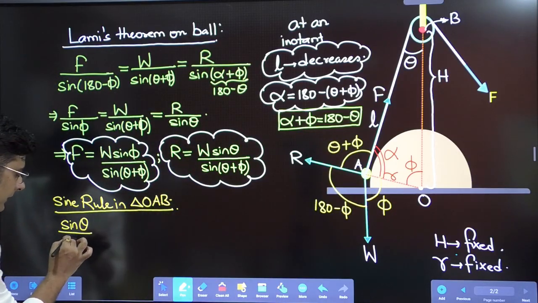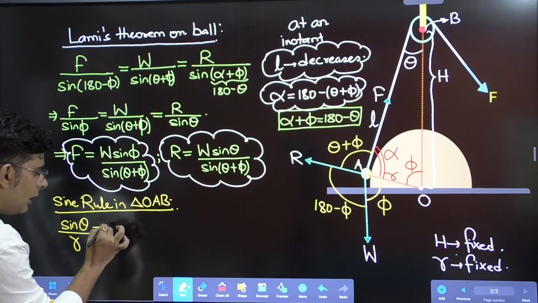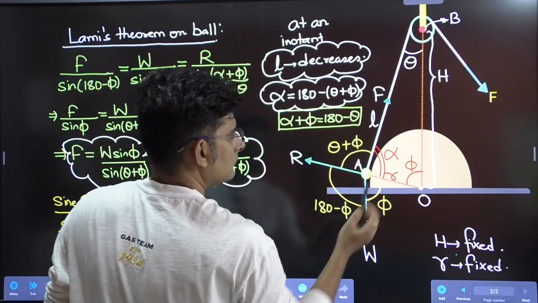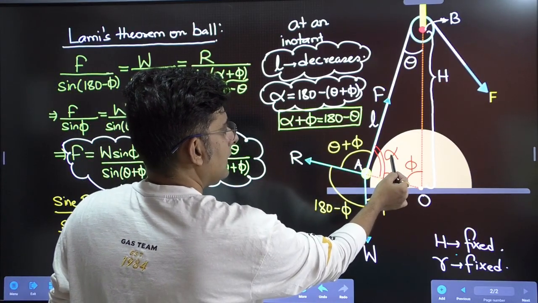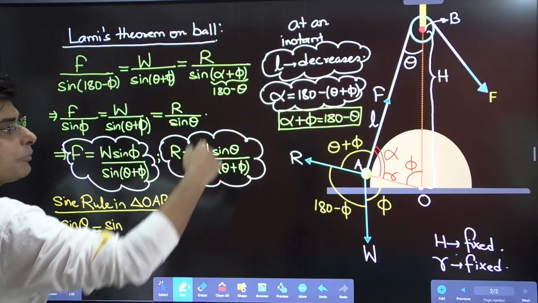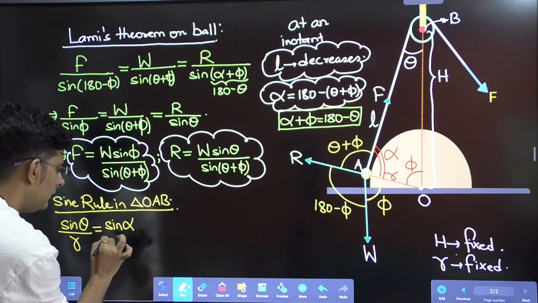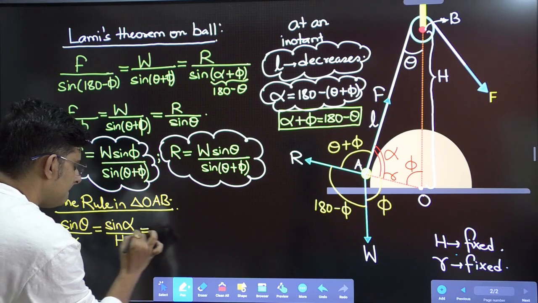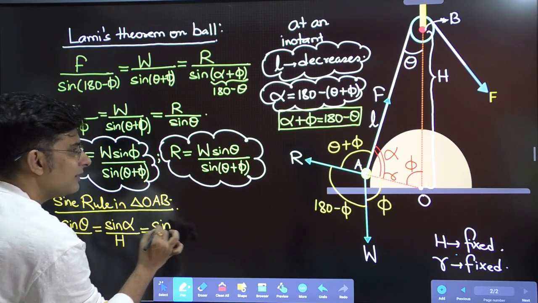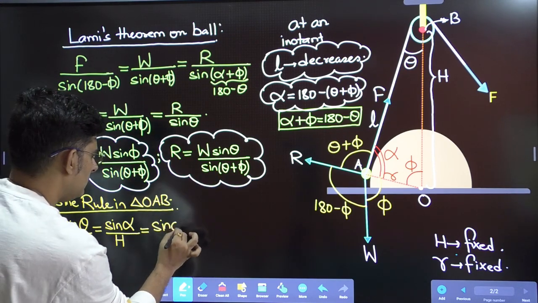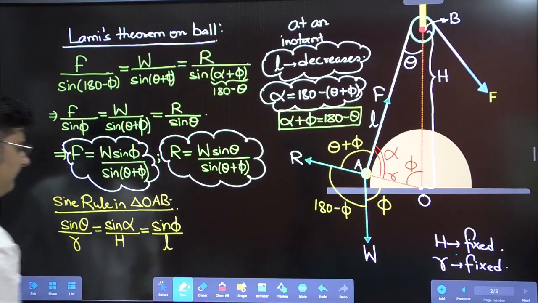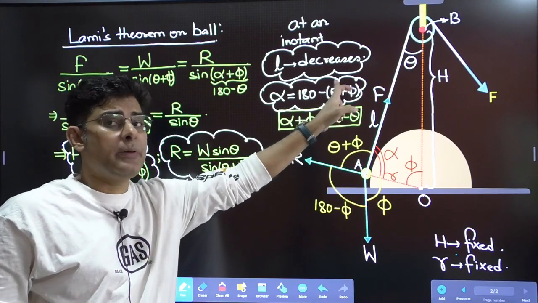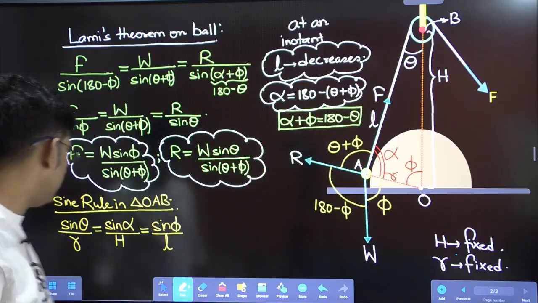R. So sine theta by R. Now if I take alpha, then for alpha I have to take opposite is H, and if I take the third angle phi, then I will write L. But what is sine alpha? Sine alpha will become sine 180 minus theta plus phi, which is sine theta plus phi only.